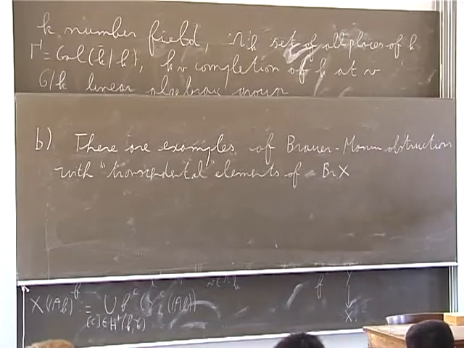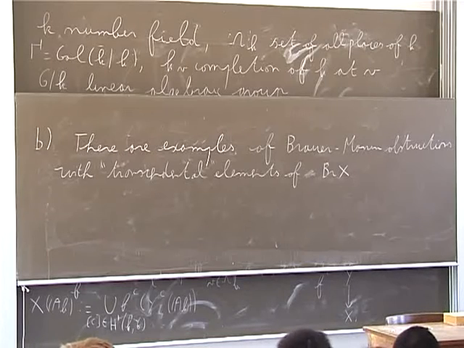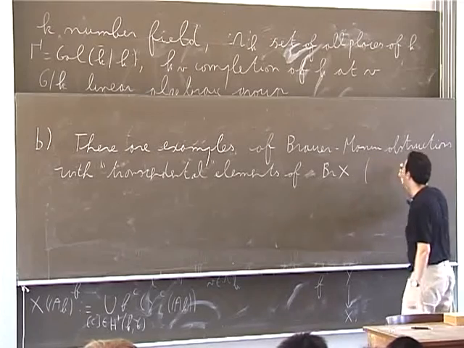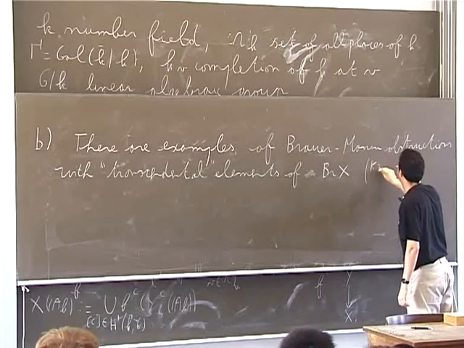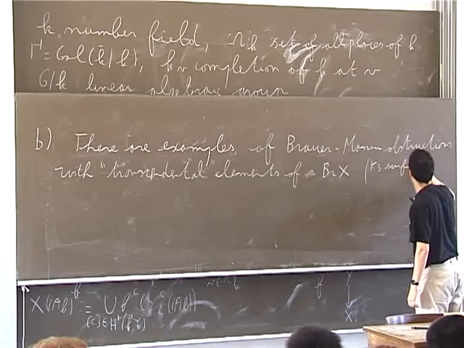Transcendental means that these are elements that are not in this set. They are not killed if you go to the algebraic closure. So for example, there is a counterexample to weak approximation for a K3 surface given by Wittenberg.